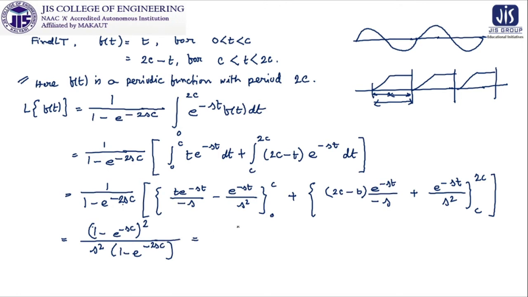And we can also simplify it by using the a square minus b square formula in the denominator, that is 1 minus e to the power minus sc by s square into 1 plus e to the power minus sc. So this is the answer of this problem, which we have done with the concept of periodic functions. In a similar manner, we can also find out some more problems on periodic functions.